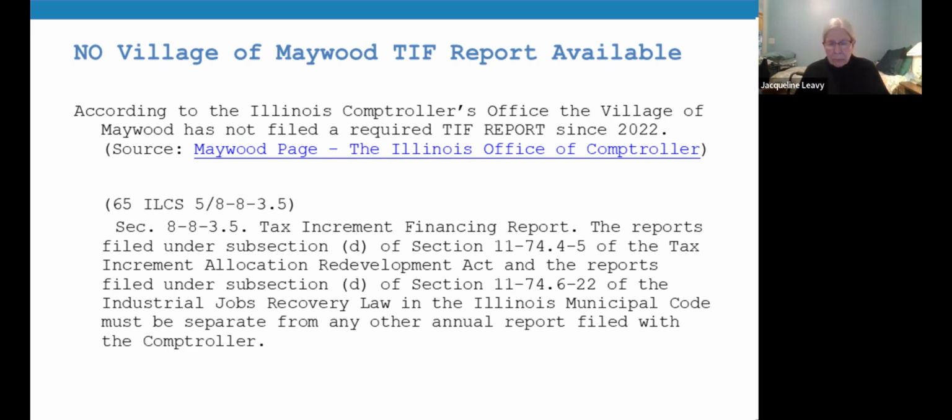And there is a required law, and that is 65 ILCS 5/8-3-5, that basically states that a tax increment financing report is due annually and must be submitted to the Illinois Comptroller's Office. So I don't know if the citizens knew that the Village of Maywood has not filed a required TIF report since 2022 to the Cook County Comptroller's Office.